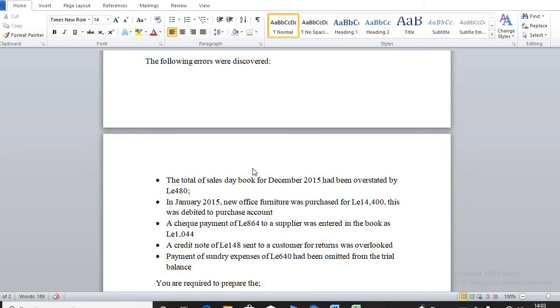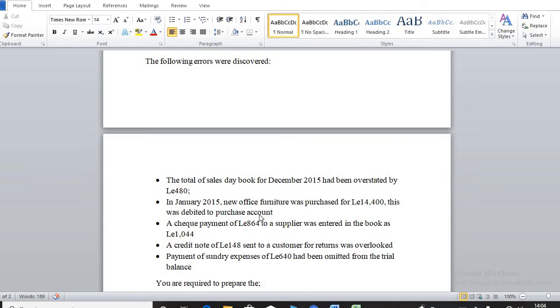But revenue expenditure is expenditure whose benefit will be consumed within one accounting year. You can talk of rent expenses for every month, or for a year, or maybe repairs on motor vehicle. These are examples of revenue expenditure.